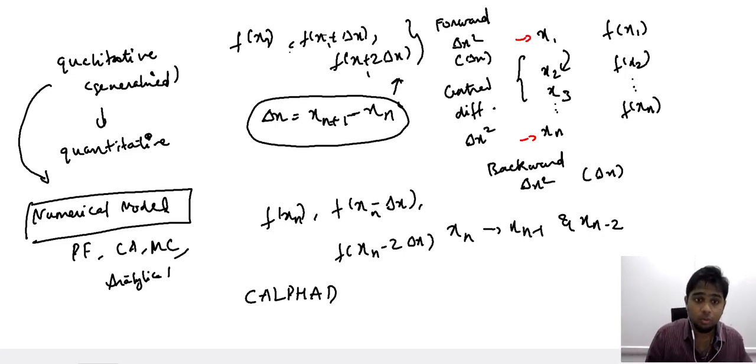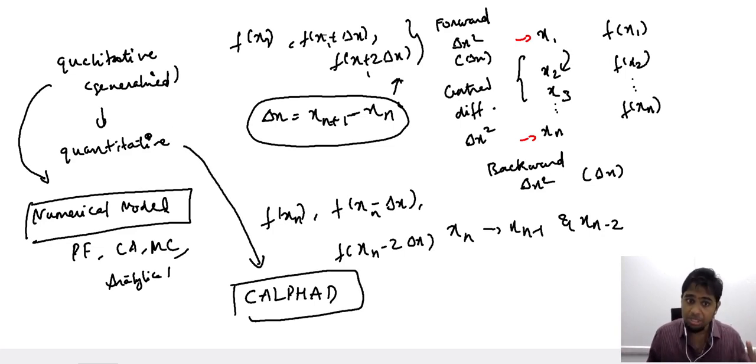What essentially we do, in order to make this model quantitative, is go to CALPHAD, take the necessary information, and then feed it back to the model. So the numerical model as it is, is a generalized, qualitative one. You make it quantitative by taking a different route, using a different package, taking the required information from that, and then feeding it to the numerical model.